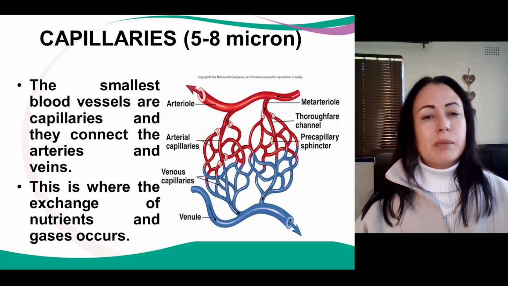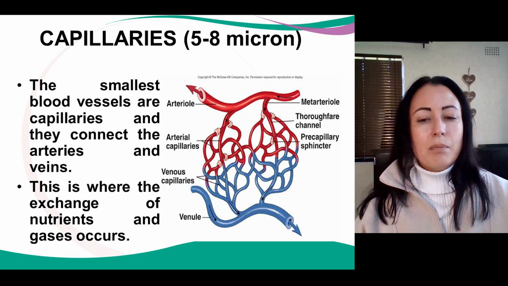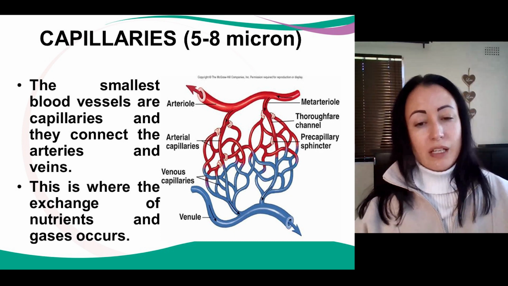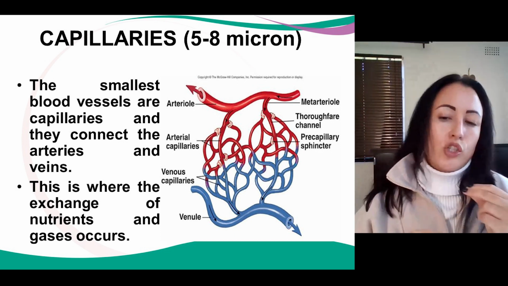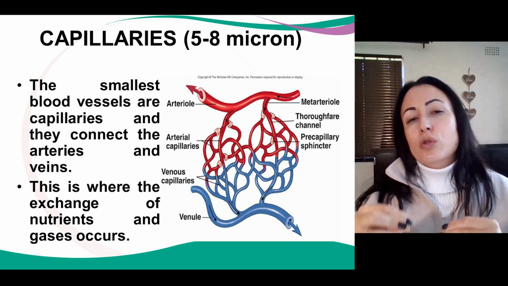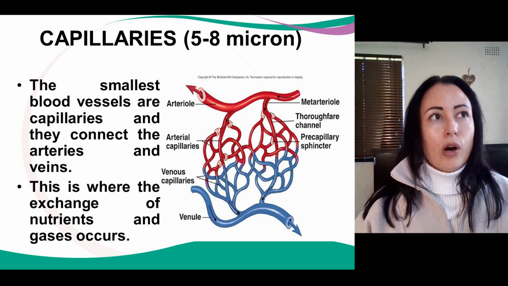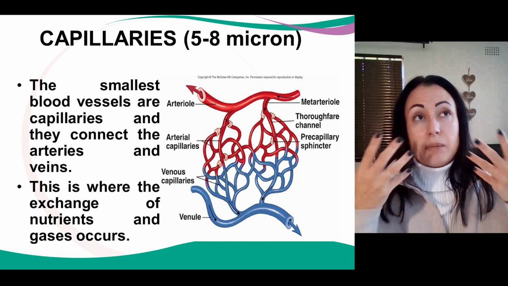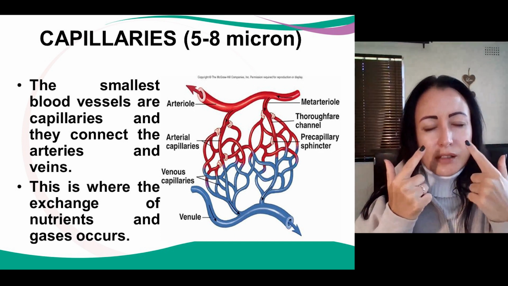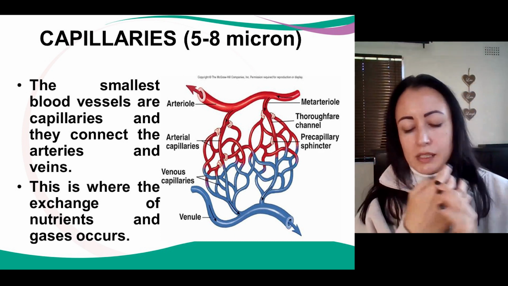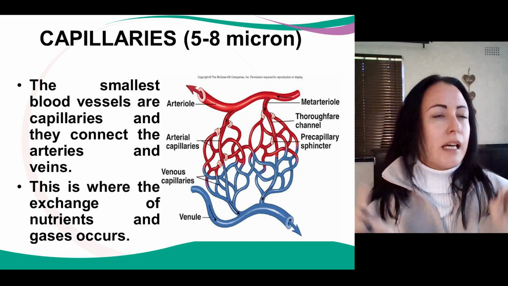A capillary doesn't specifically only carry oxygenated or deoxygenated blood, but it carries whatever is needed at that time, and this is where the diffusion happens from oxygenated blood to deoxygenated blood. It's within the tiny little capillaries. Sometimes on your face, you'll see the tiny little blood vessels that come through, not necessarily the veins on your hands, but the tiny little blood vessels.